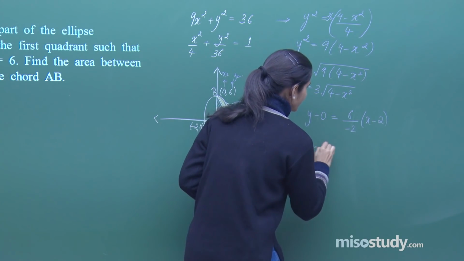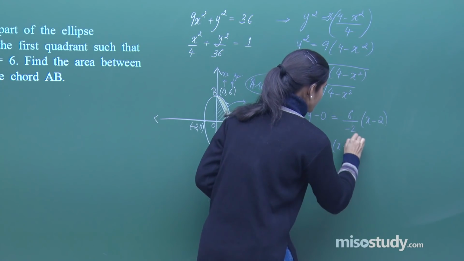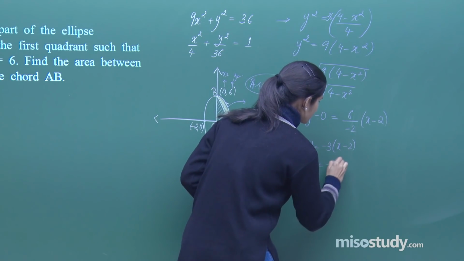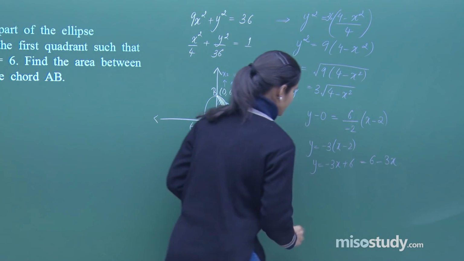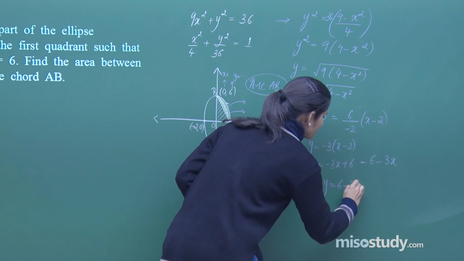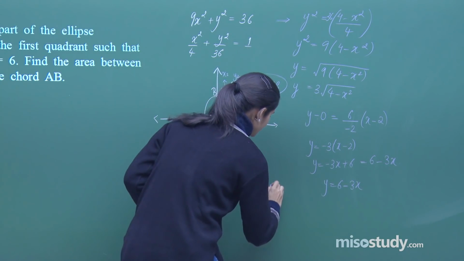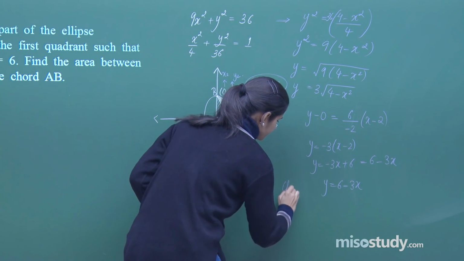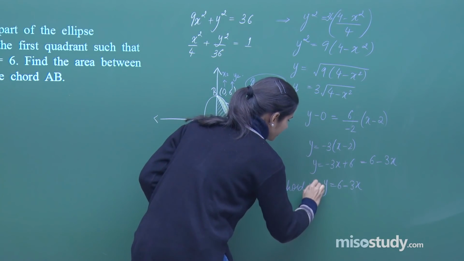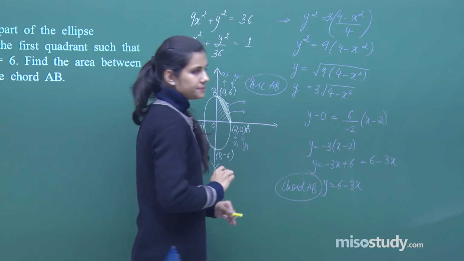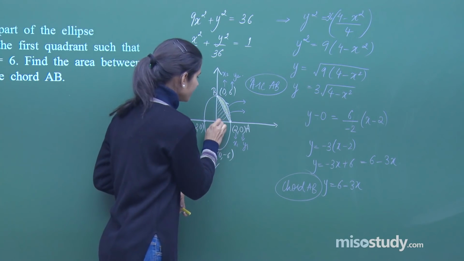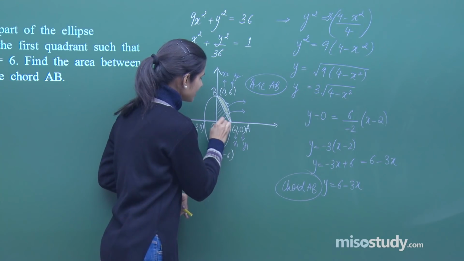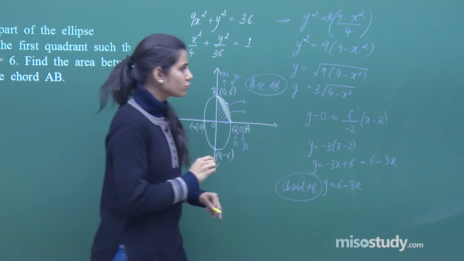So this gives you y equals minus 3 times x minus 2, which is y equals minus 3x plus 6, which is 6 minus 3x. So y equals 6 minus 3x. This is the equation of chord AB. So you have equation of arc AB, equation of chord AB here. This is from 0 to 2, x is ranging from 0 to 2.